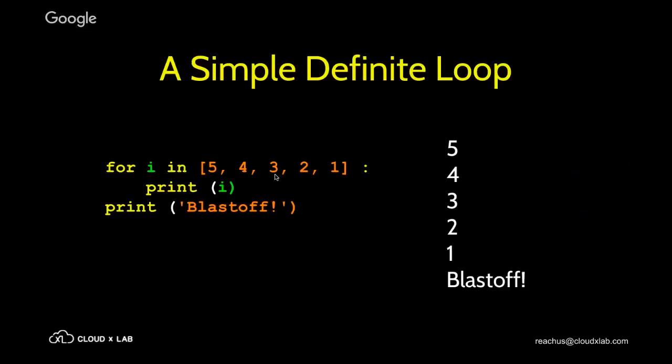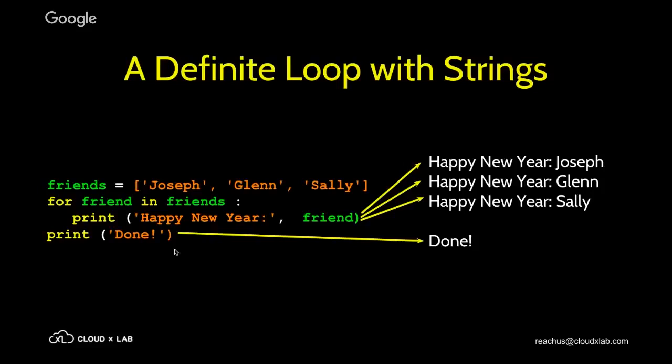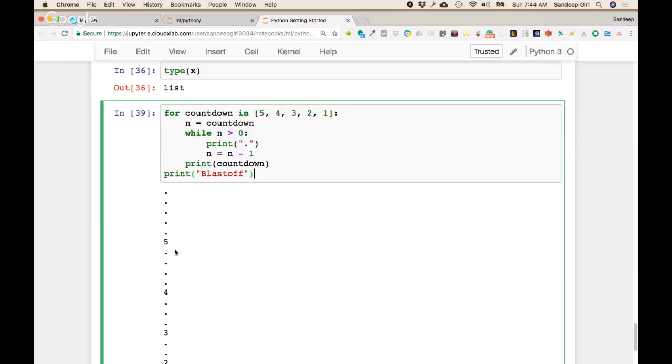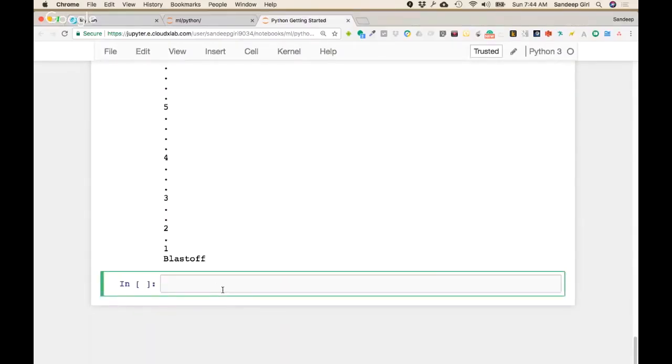So basically this is a simple definite loop. Now, in the same way we defined an array of numbers, we could also define an array which has multiple kinds of elements, or let's say strings, right?